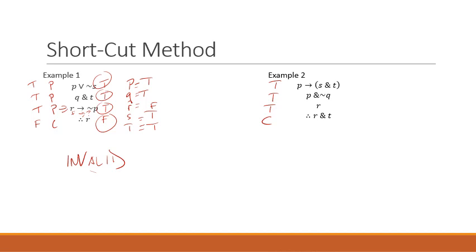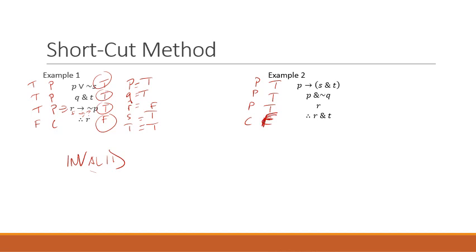So we're going to try to make an argument that has all true premises and a false conclusion. Premises true, conclusion false is what we're trying to do here.